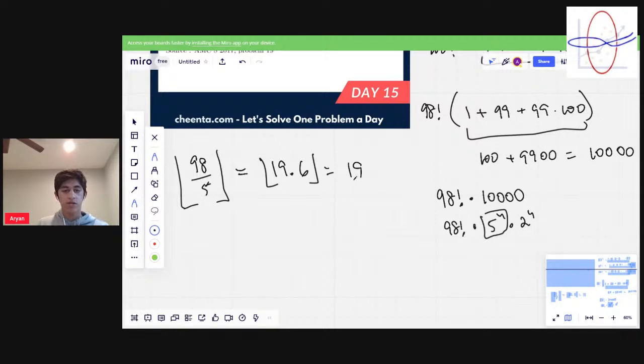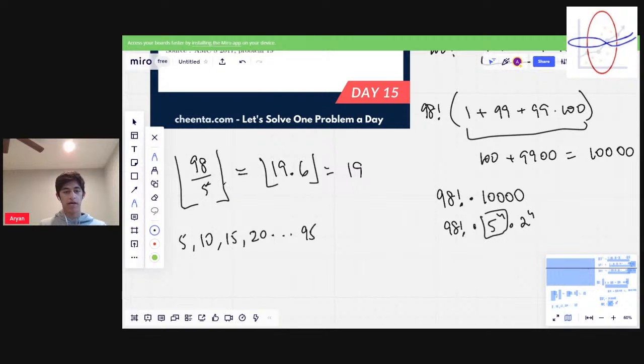This means there are 19 multiples of 5 up to 98. If we list them out, you'd see 5, 10, 15, 20, all the way to 95. There are 19 multiples of 5 here.